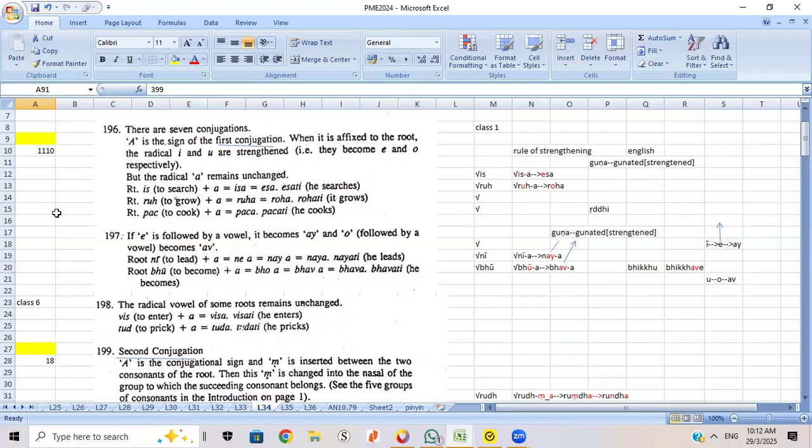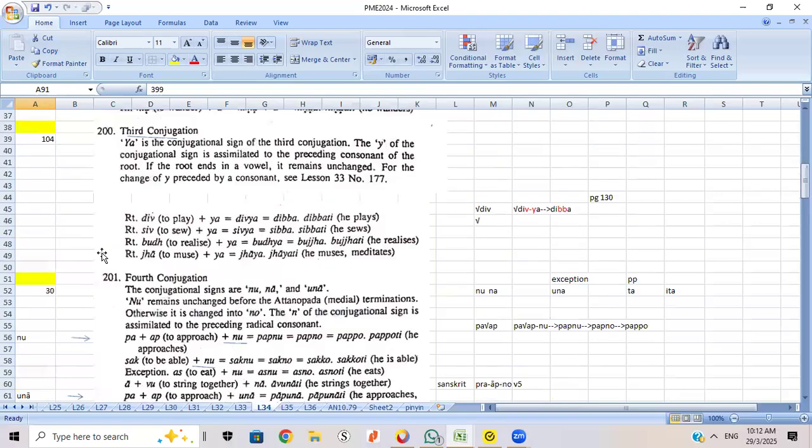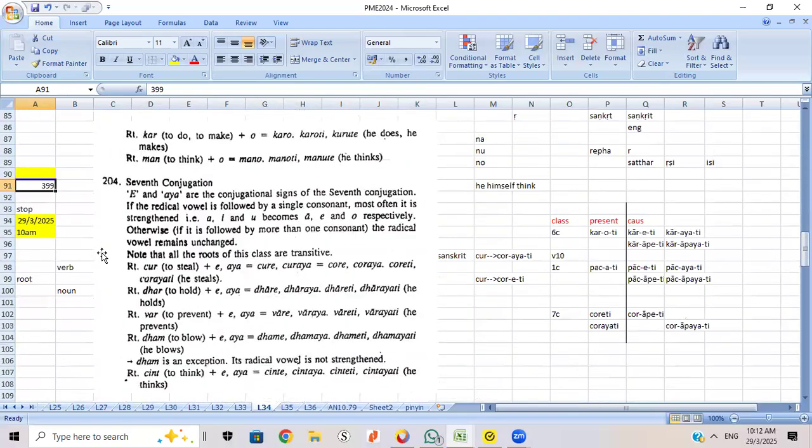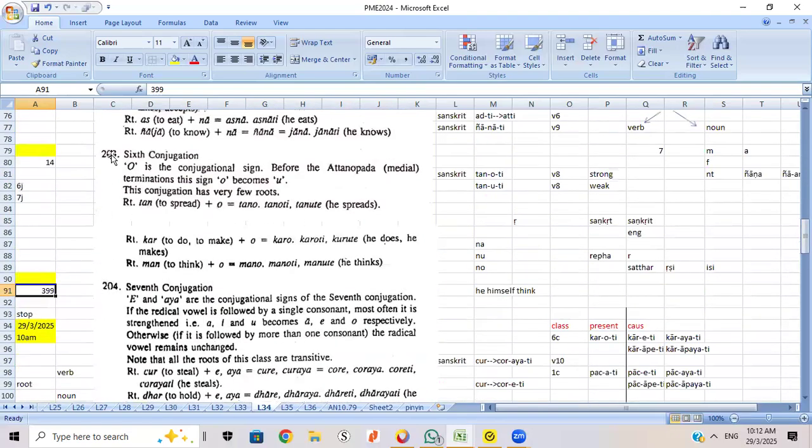So take note that most of the verbs are formed by the first conjugation, over 1,000. This is to give you an idea. The last one we stopped at, the sixth conjugation, is about 14.